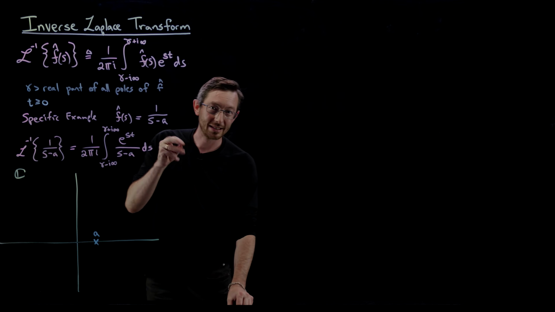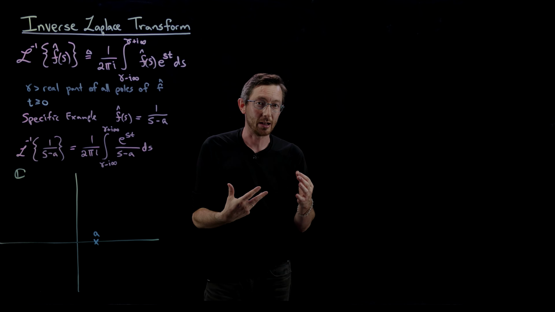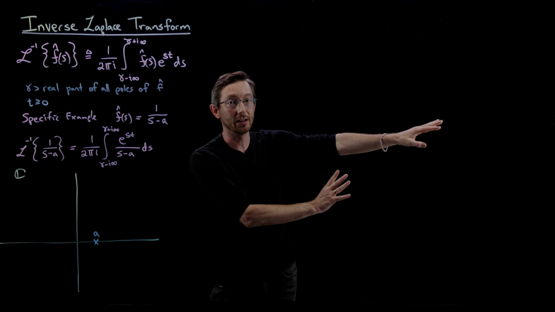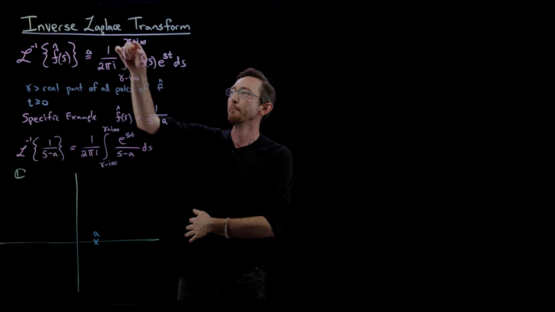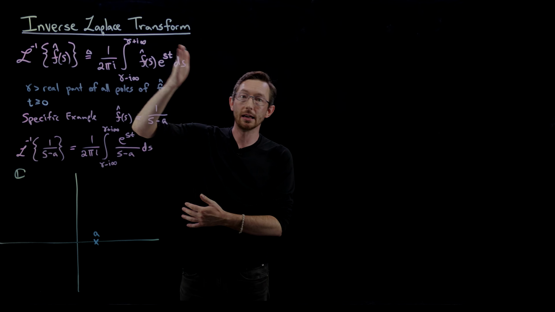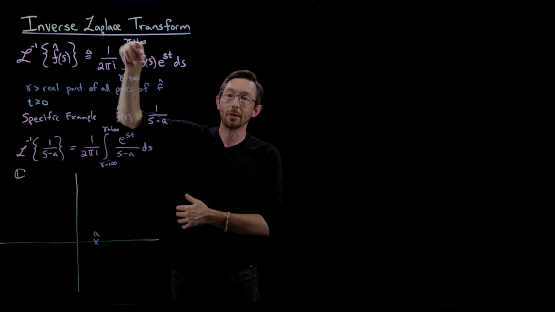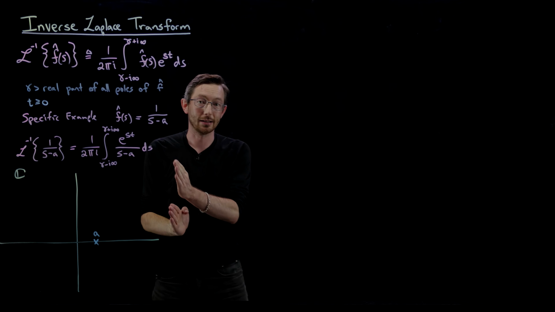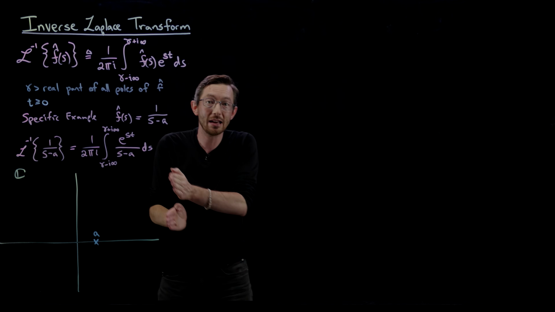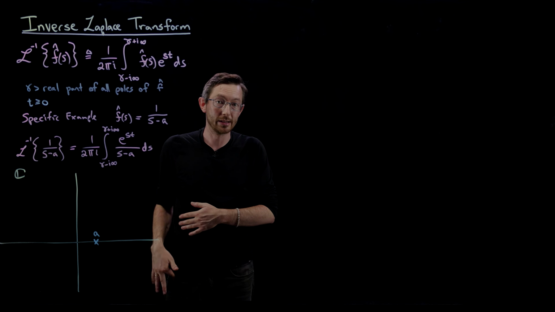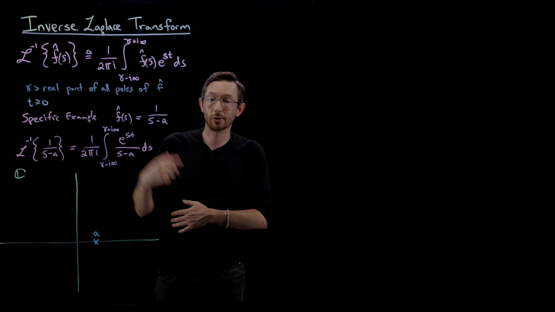So one of the kind of technical details of the Laplace transform, and you can go back to my video on the Laplace transform to see, is that when you do this integral, you need this gamma to be to the right. It has to have a real part that's bigger than the real part of this pole a in this transfer function.